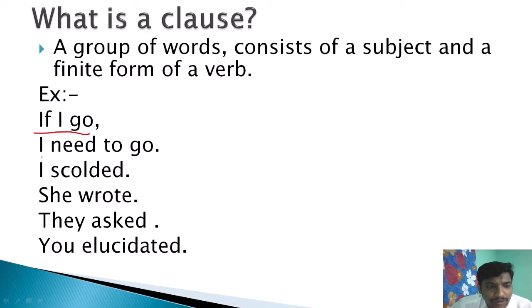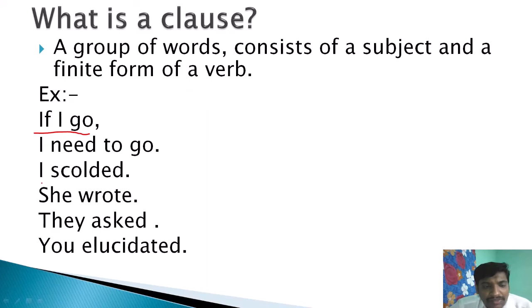And I need to go. Why do you need to go? It doesn't fulfill that question. So I scolded. Whom did I scold? No object. So sometimes it can be understood, sometimes it cannot be understood completely.